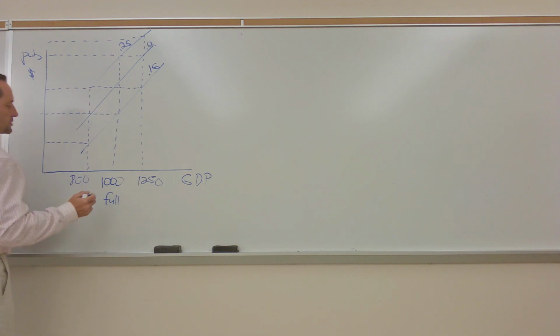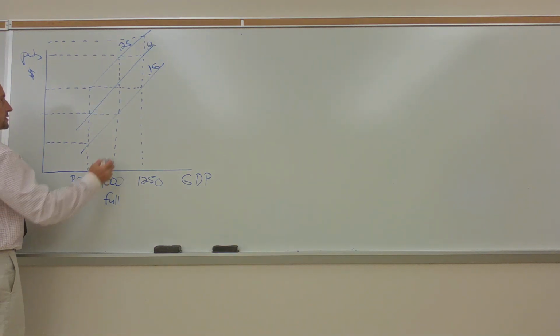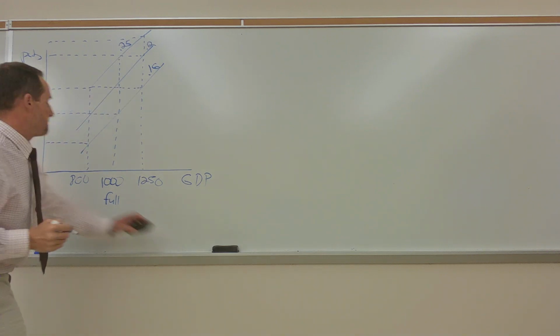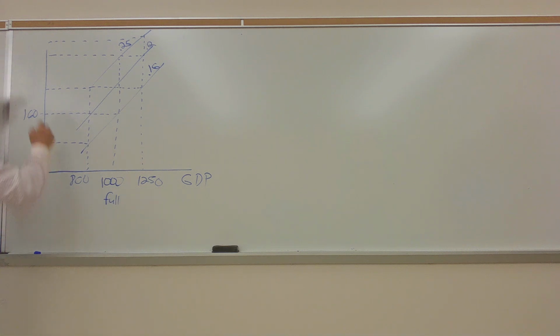Now watch this. 16% of 1,000 is 160. 20% of 1,000 is 200. 25% of 1,000 is 250.